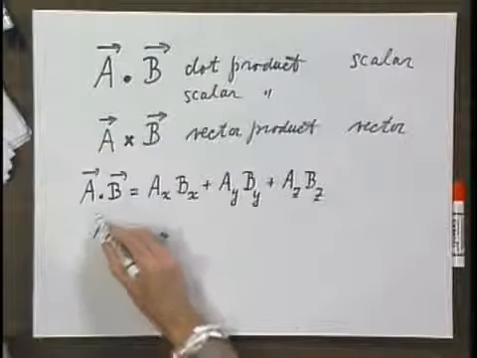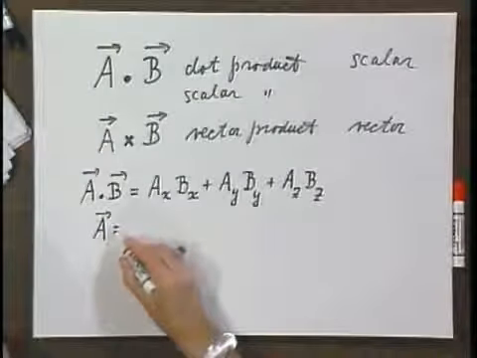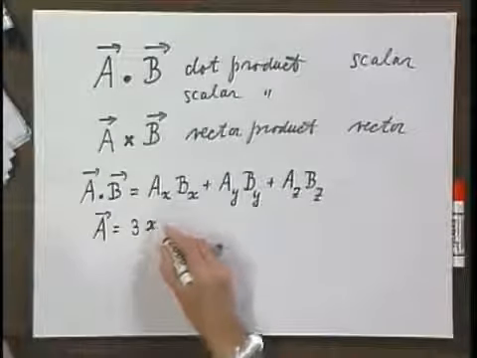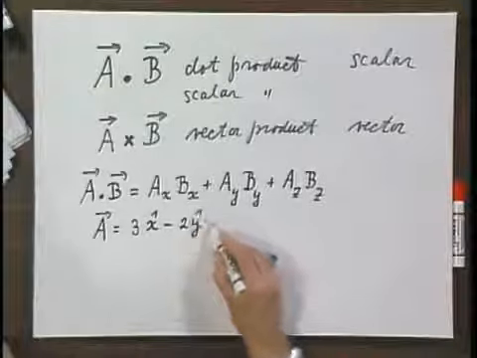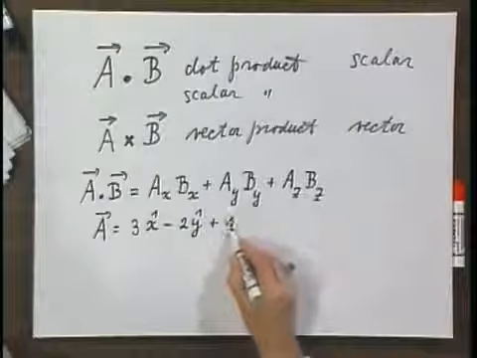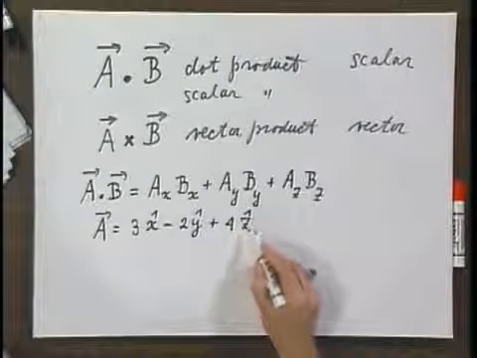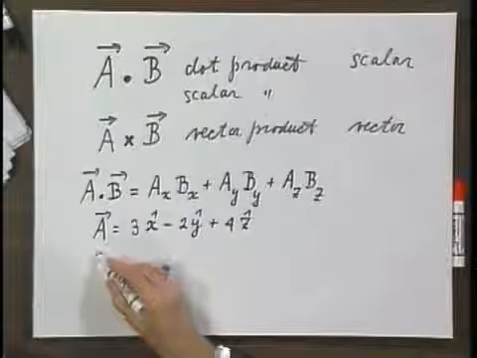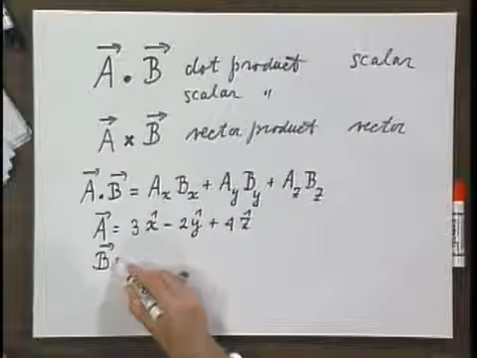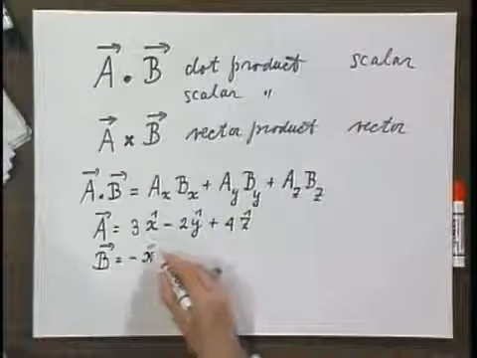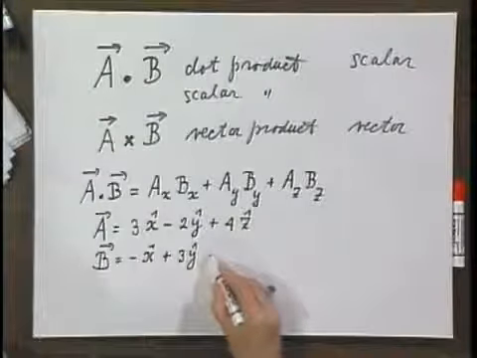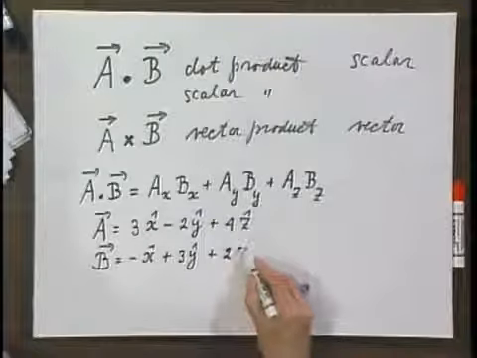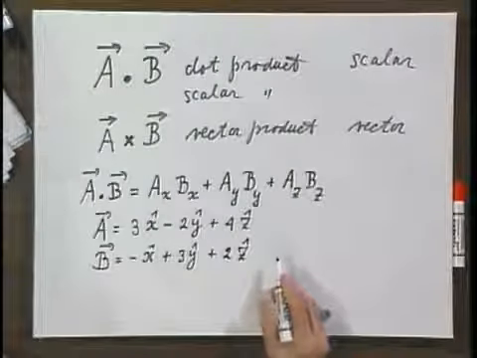Suppose we have A equals 3x roof minus 2y roof plus 4z roof. And B equals minus x roof plus 3y roof plus 2z roof.